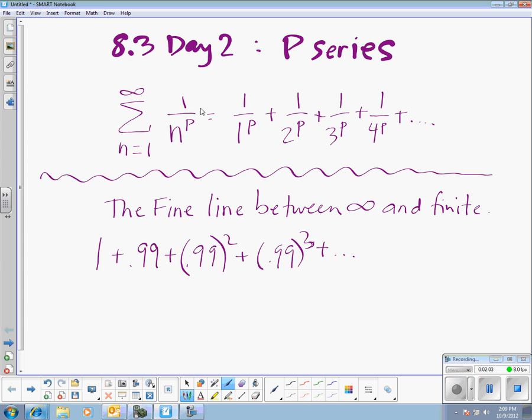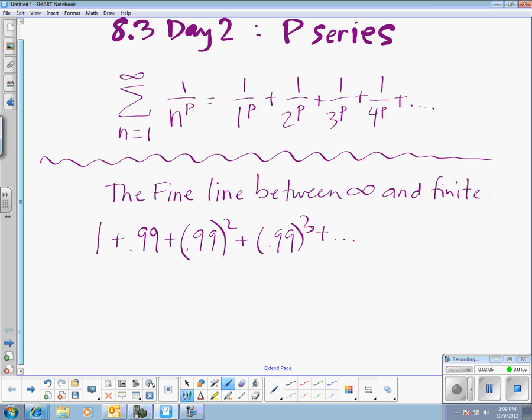Its first term is 1. Its common ratio, the number that we multiply by each time, is 0.99. And so I get 1 over 1 minus 0.99 is 0.01, which is 1 over 100th, which is 100. So these terms converge to 100 if I add them up forever.